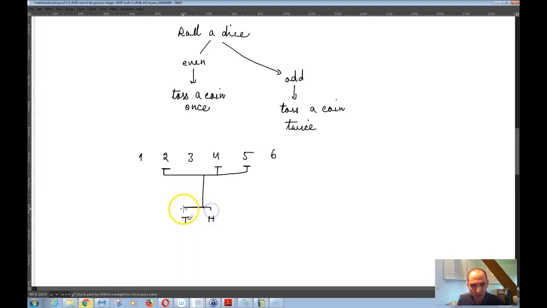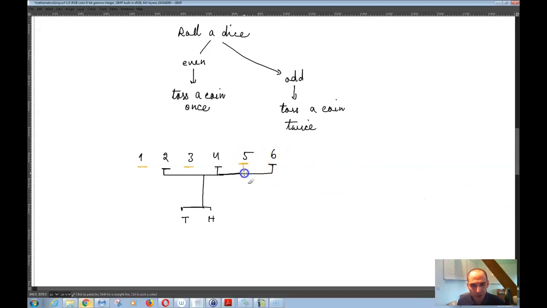That's what happens here. If the number is odd, meaning 1, 3 or, oh, this is wrong, I'm sorry. This is supposed to be 6.